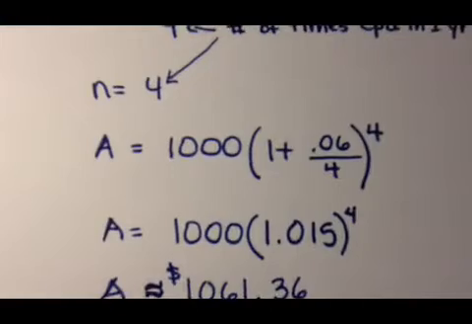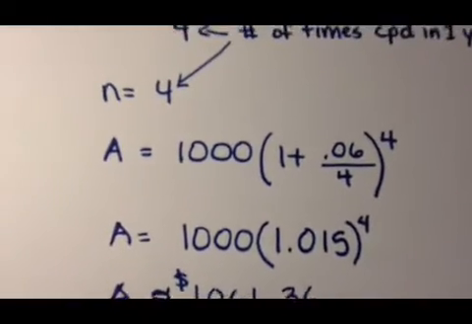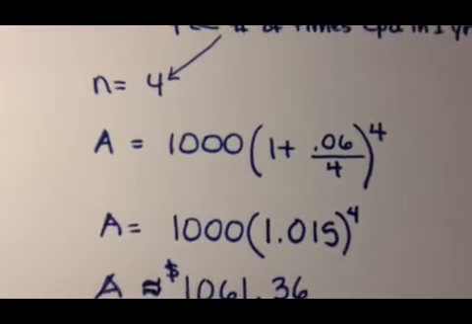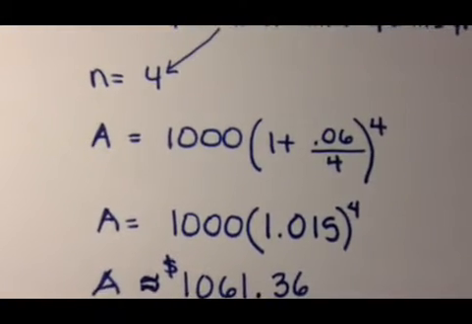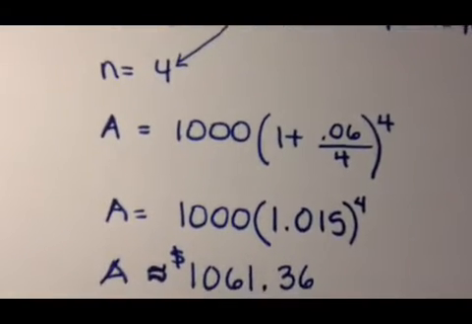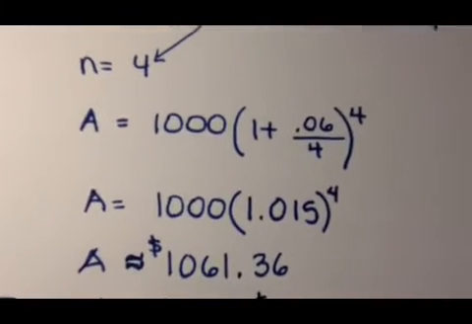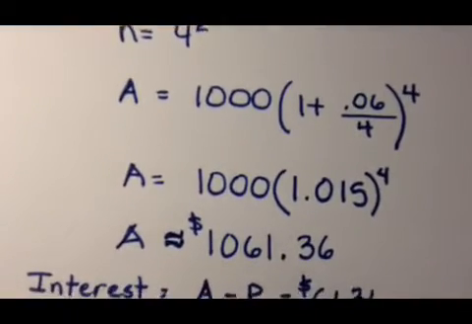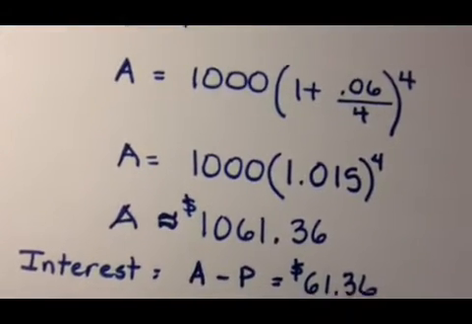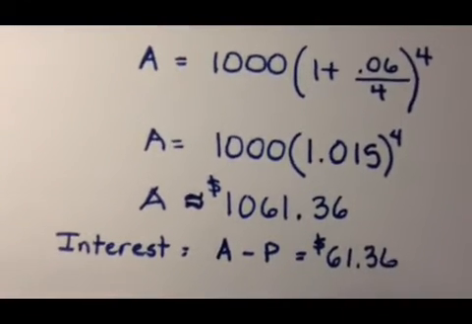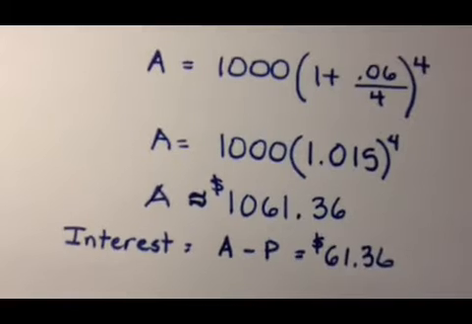So using my formula, A equals 1,000 times the quantity, 1 plus, and this is my rate divided by my period. And then we raise that to the 4th power, the number of periods in the year. So I do my math inside my parentheses first using order of operations, and I end up with 1.015.